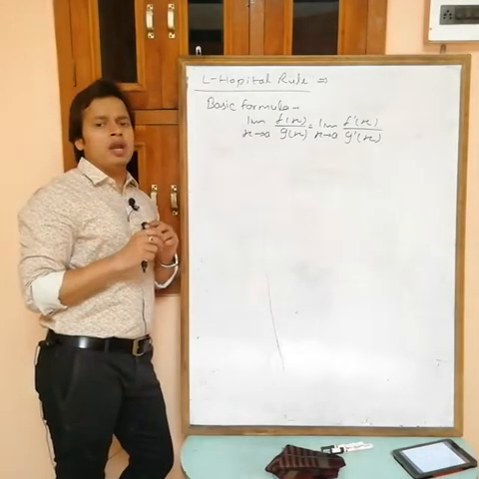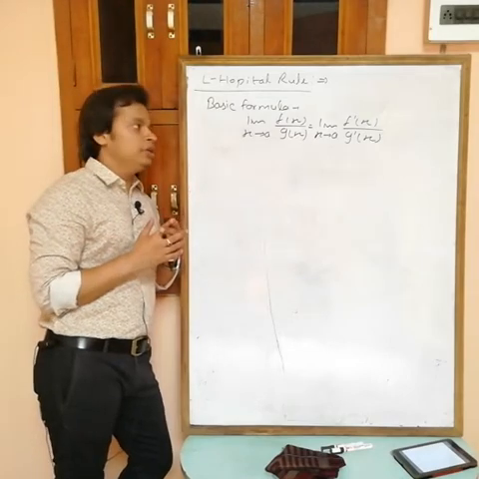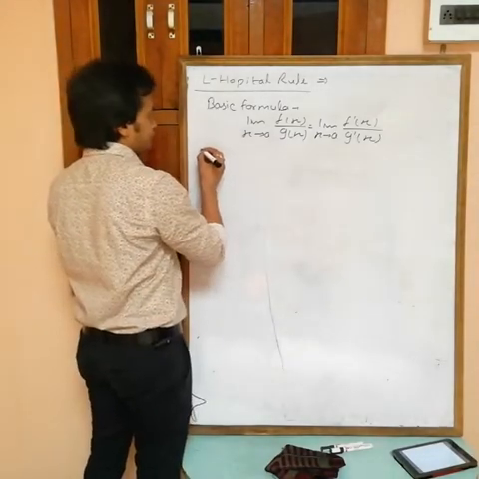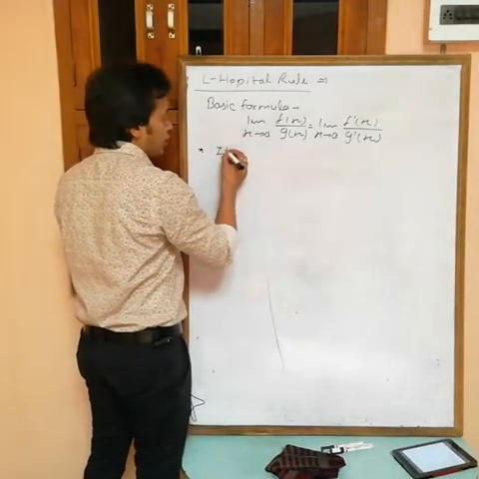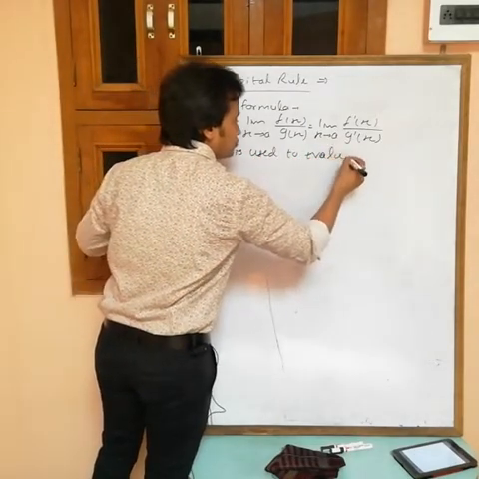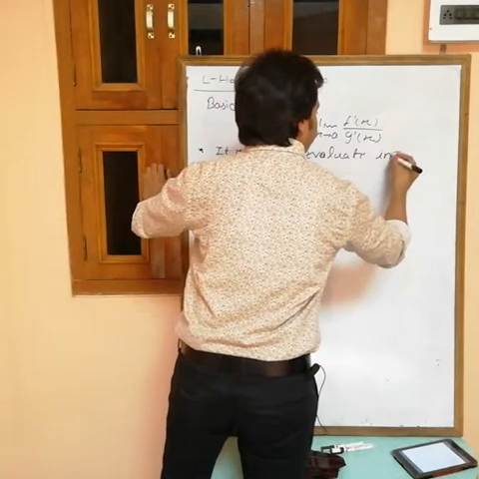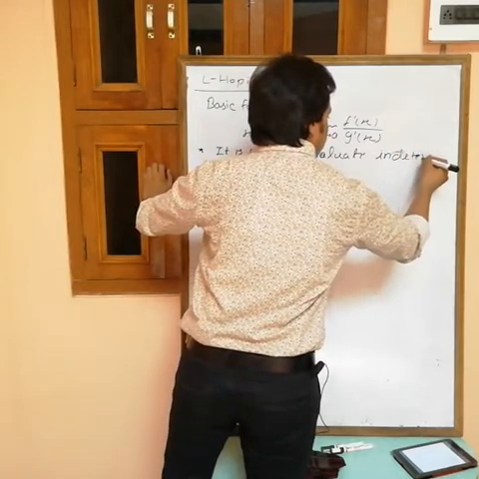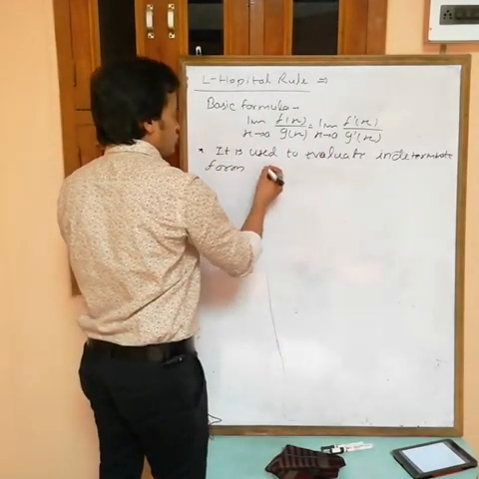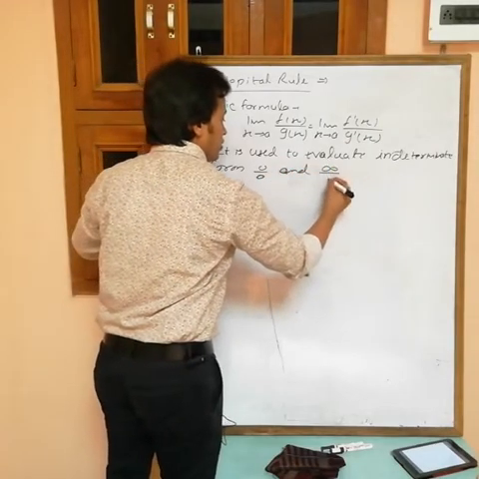You can use this formula only for 0 by 0 and infinite by infinite form. And don't ask for proof. It is used to evaluate indeterminate forms 0 by 0 and infinity by infinity.